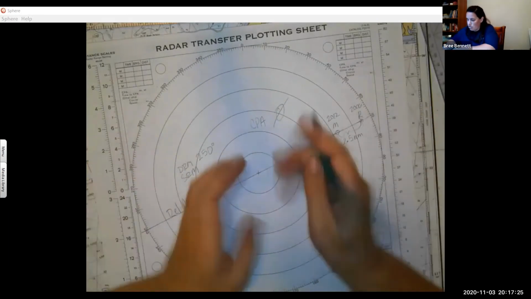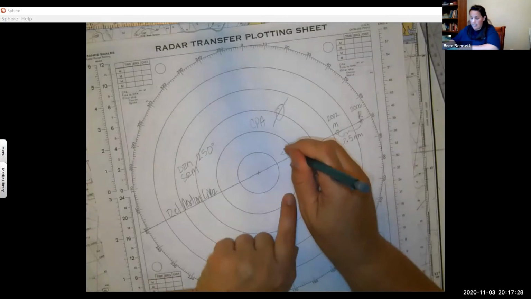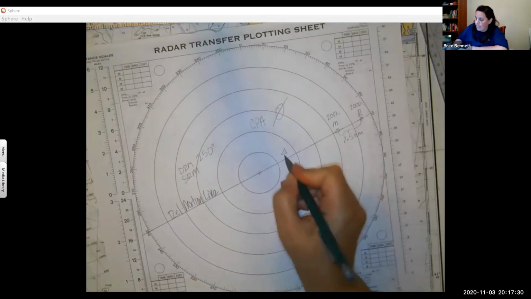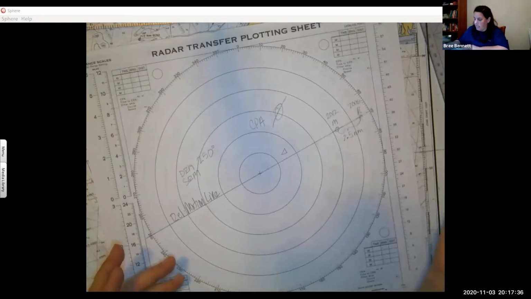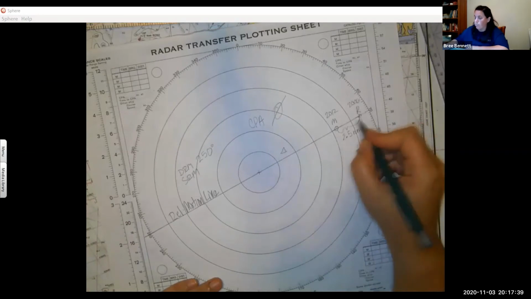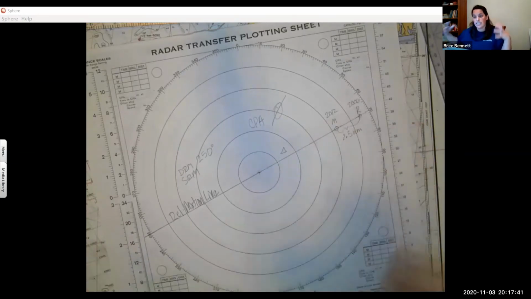Because if it's zoomed in and your triangle looks like this, you're going to have to be super accurate to get your speed and bearing calculations. So we're blowing it up. You want to use the largest scale possible.